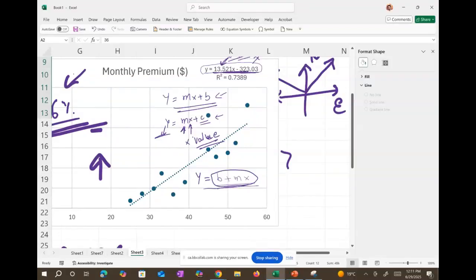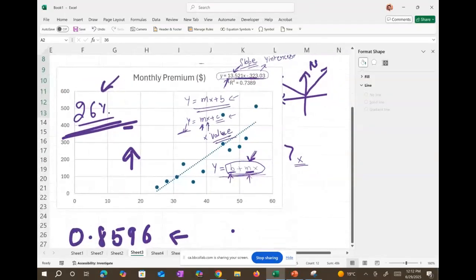If you are asked to find the slope value, make sure the slope is whatever is written in front of x. Well, I shouldn't use the word constant, but whatever term is written in front of x, that is the slope. And the b value is the y-intercept.